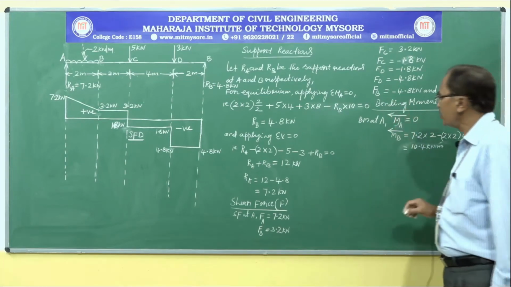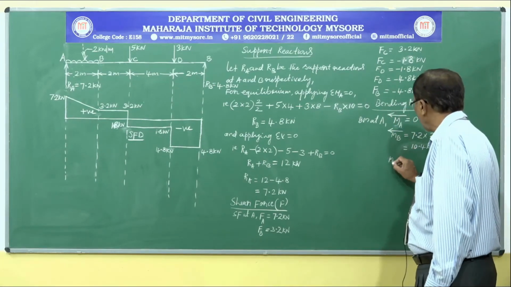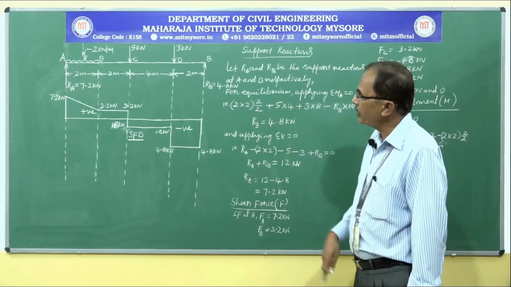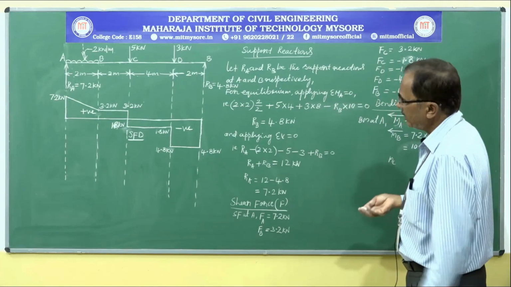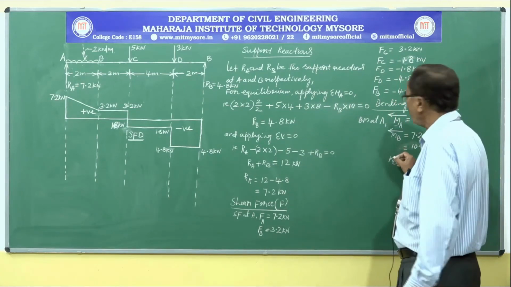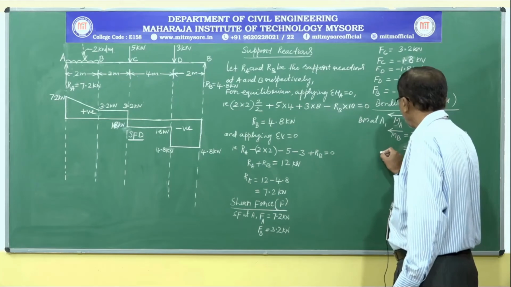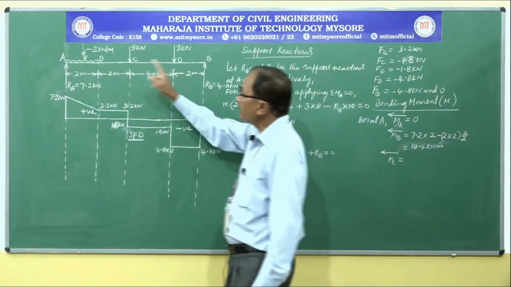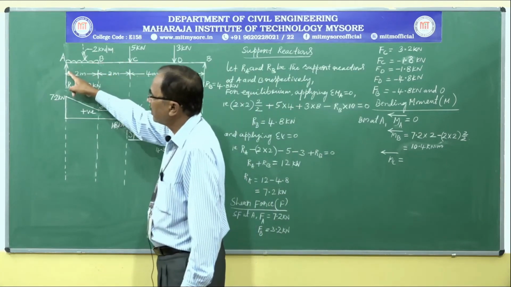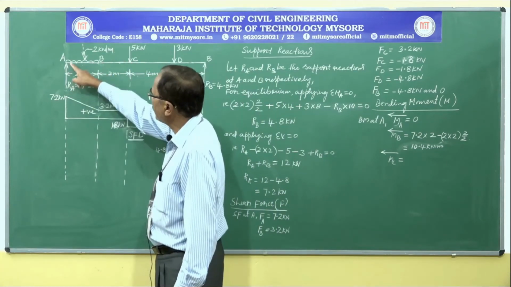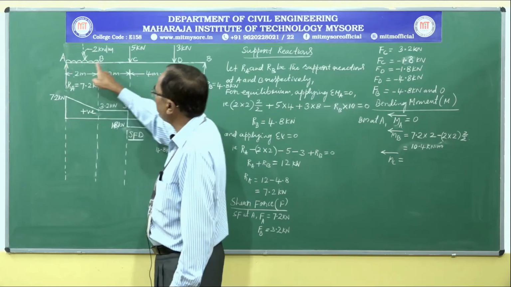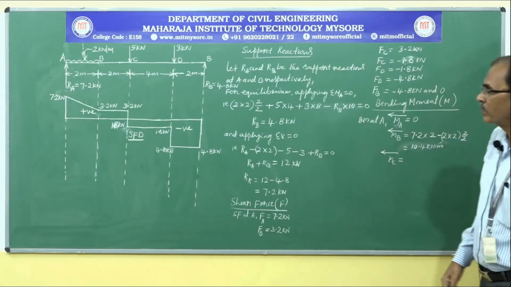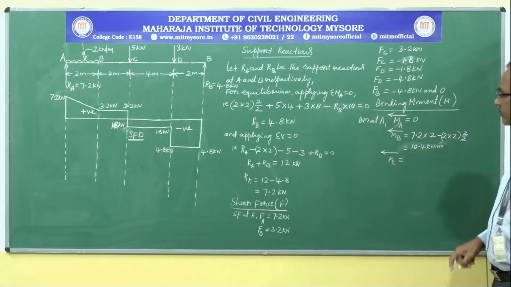Next, coming to point C, we can consider forces to the left of C or to the right of C. Let us consider the left only. To the left of C again there are two forces, a reaction at point A, a UDL between A and B, and a point load acting at point C. Consider forces one by one.